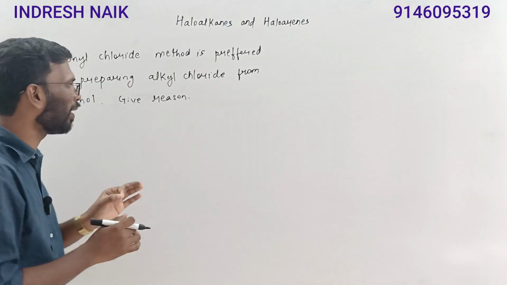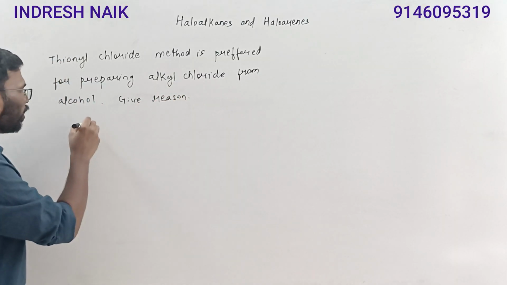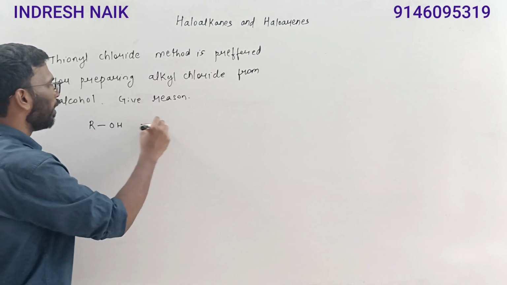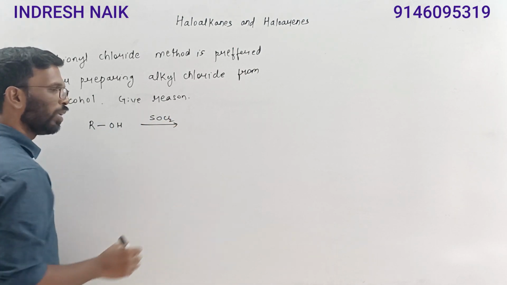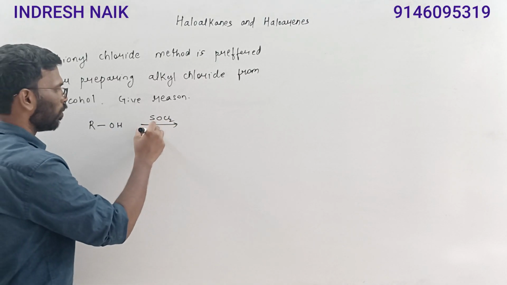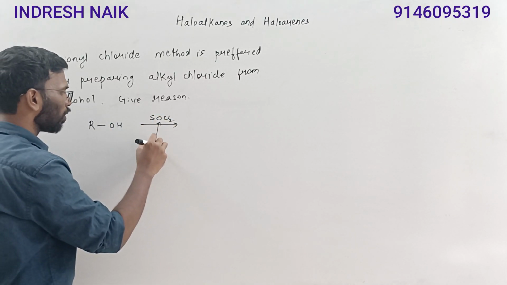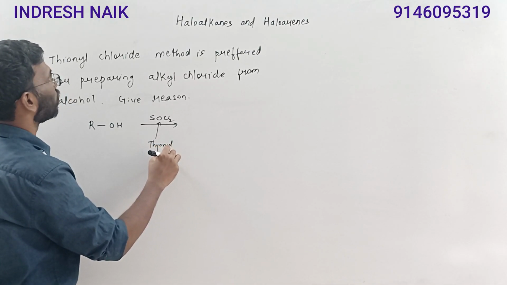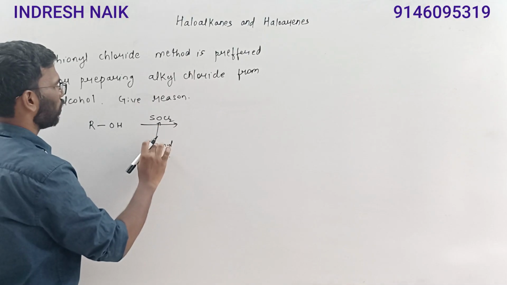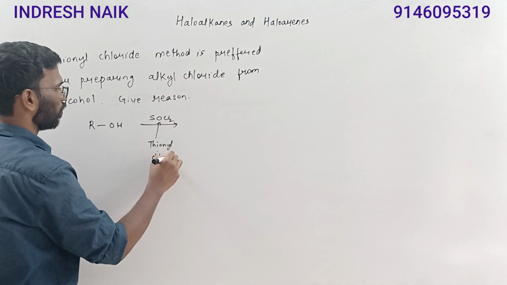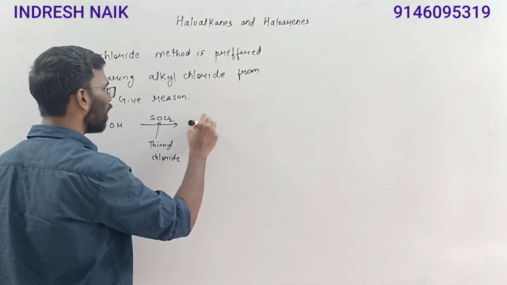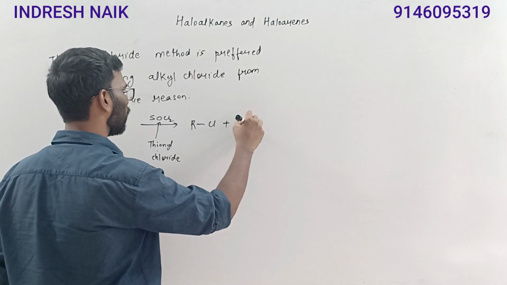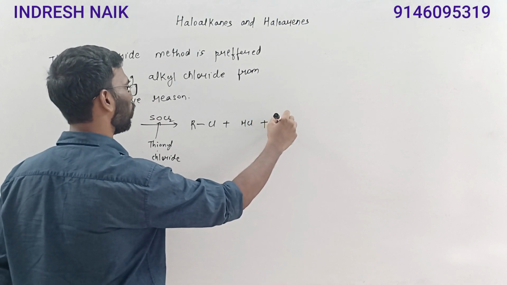If you want to prepare, I will write a general reaction. Let's say alcohol is there, and you are using thionyl chloride. SOCl2 means thionyl chloride. What you get is RCl, HCl and sulfur dioxide.